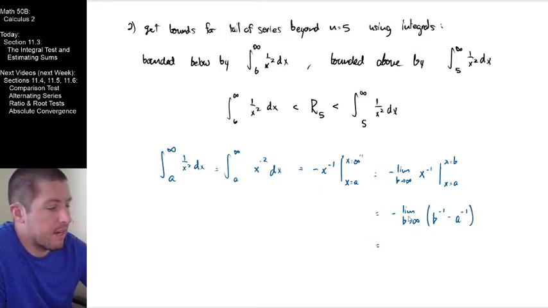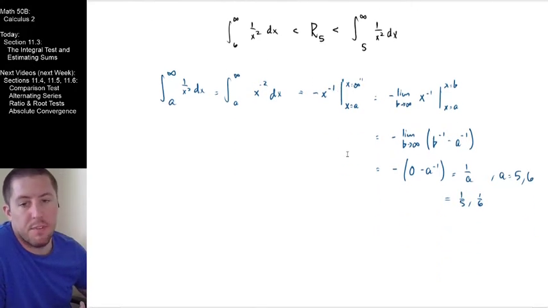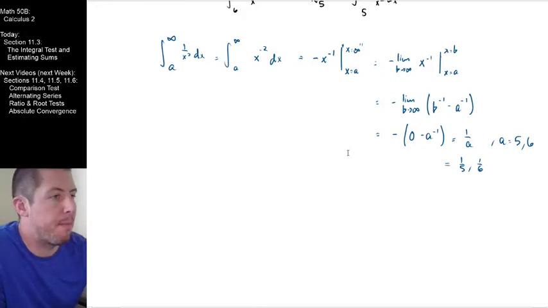As b gets infinitely large, the negative 1 power is going to go to 0. So it looks like we're getting 1/5 and 1/6: 1/6 for the lower bound version, 1/5 for the upper bound version.